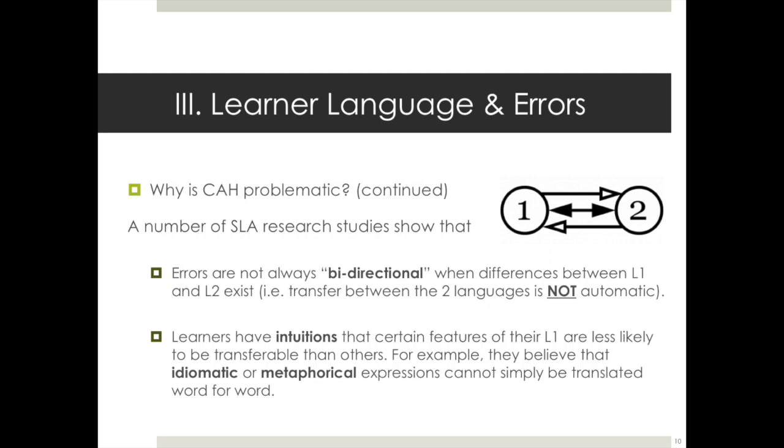Learners also have intuitions that certain features of their first languages are less likely to be transferable than others. For example, they believe that idiomatic or metaphorical expressions cannot simply be translated word for word.